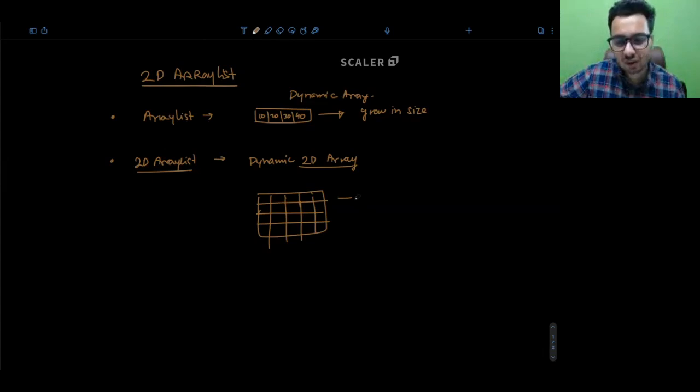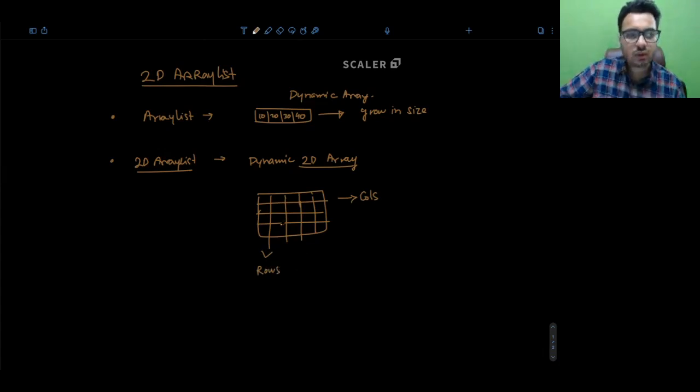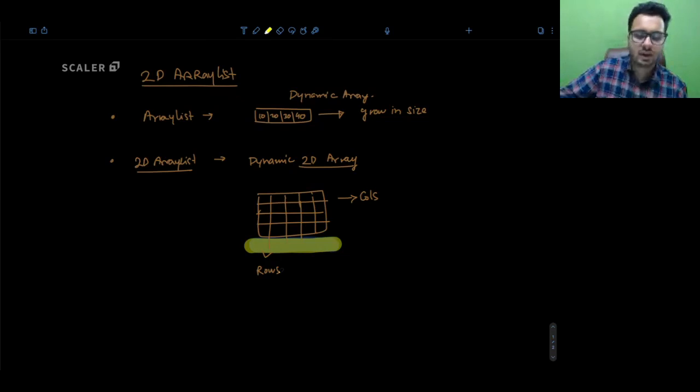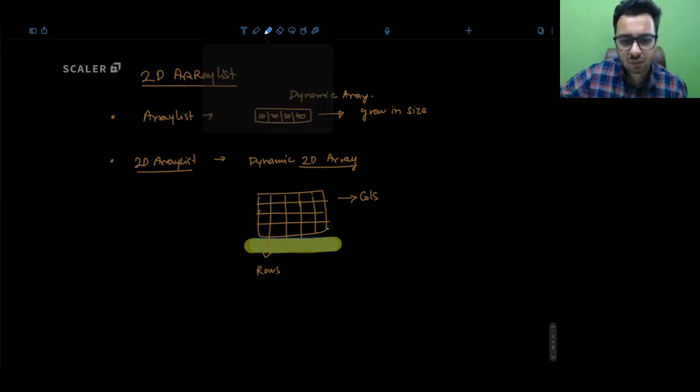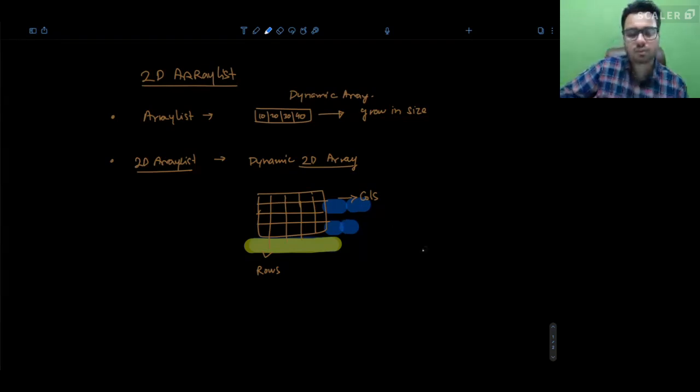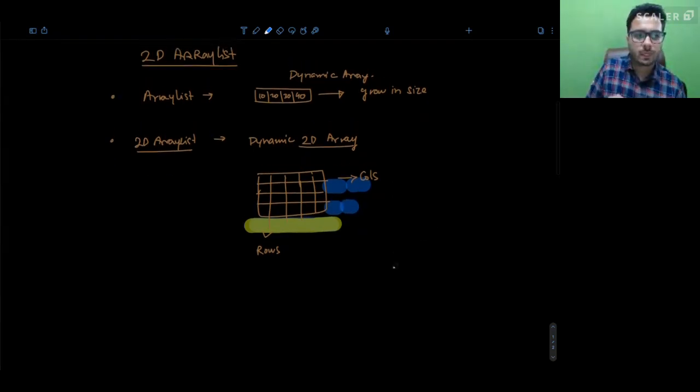We have columns this side and rows this side. Growing along the rows direction would mean you can add additional rows inside it, and that row can be added easily. Growing along the columns would mean I can add additional elements in a particular row. So it can expand in both directions.